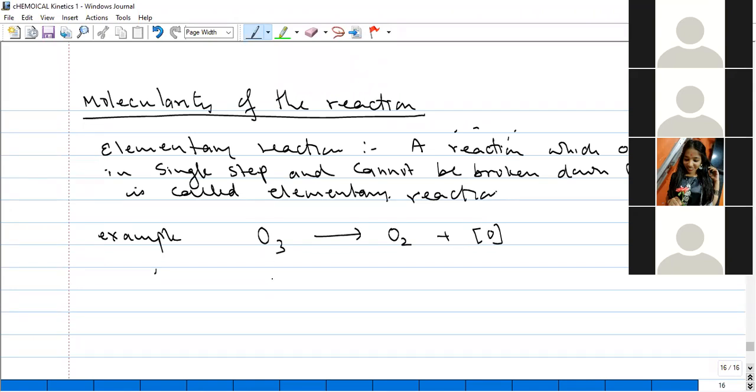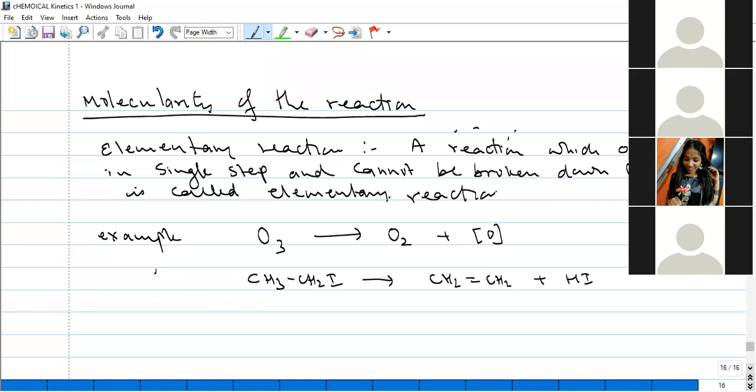Second example, CH3CH2I forms CH2=CH2 plus HI. This is also an elementary reaction. These are called elementary reactions.